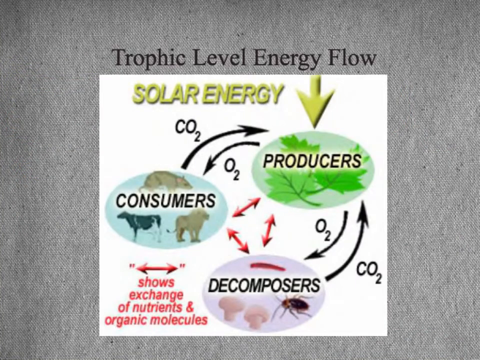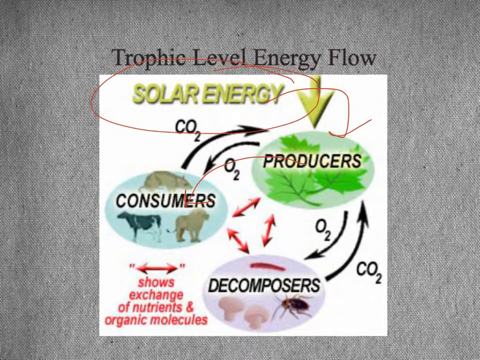So in this diagram, we can kind of see that energy flow starting with our sunlight here. That solar energy gets converted by the producers, and then of course the consumers are going to eat the producers. In this particular picture, we're also showing other nutrients like oxygen being produced by the producers and taken in through cellular respiration, converted back to carbon dioxide, which is then used by the producers to make more sugar.